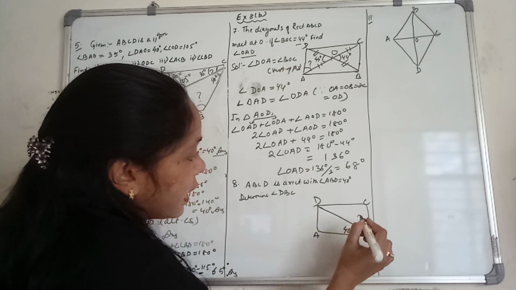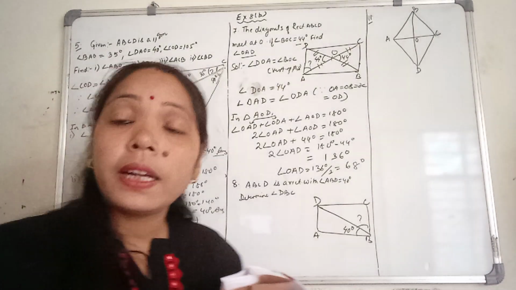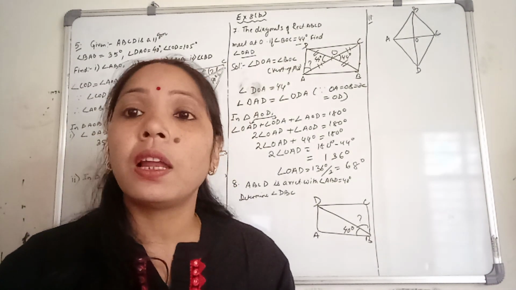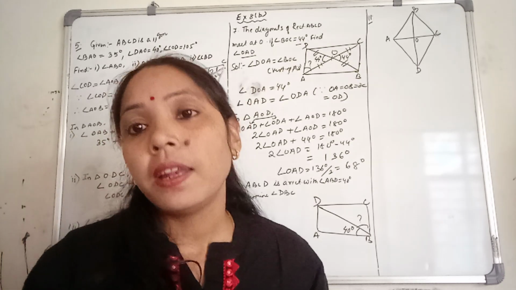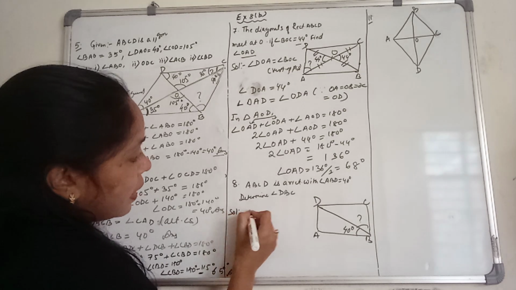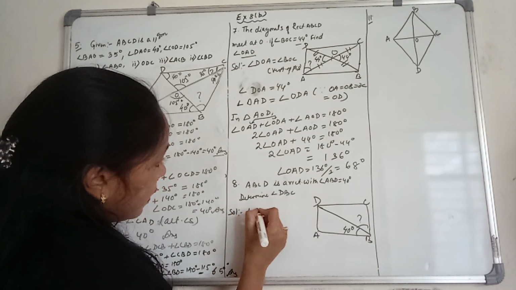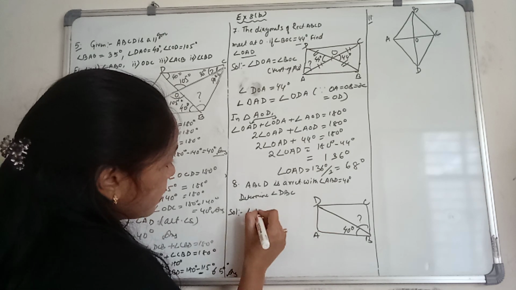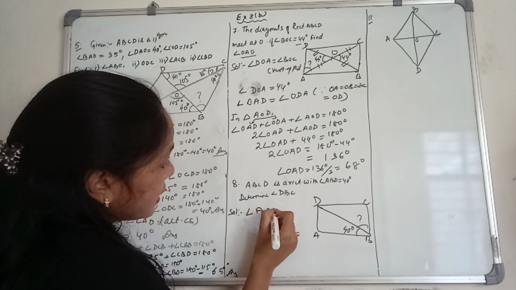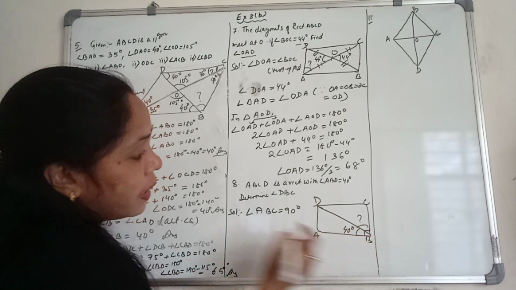This is very easy. We know that the angle in a rectangle or a square is always 90 degree. So we can write angle ABC is equal to 90 degree.